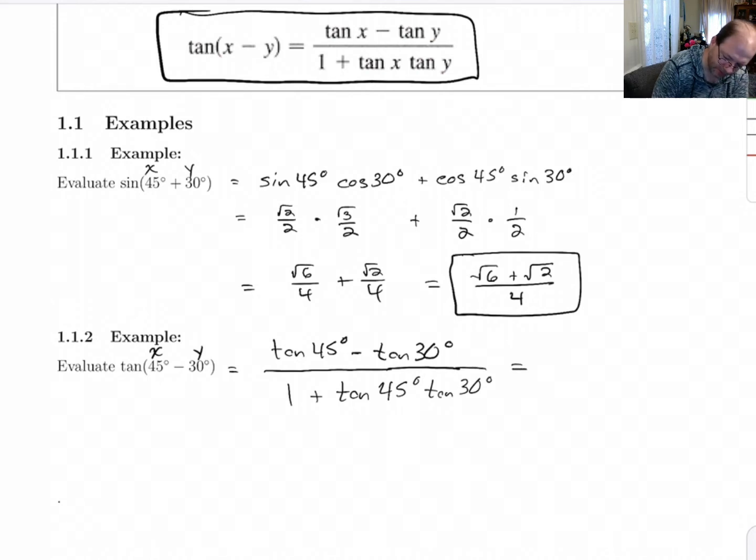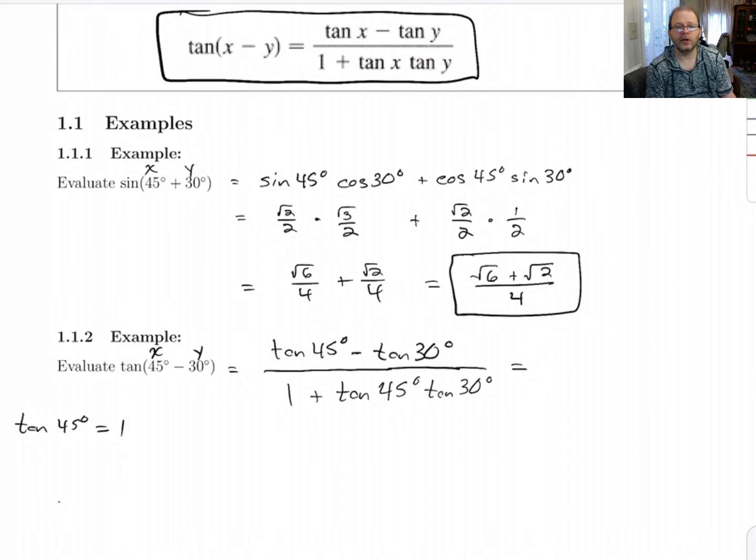All right, now we just have to fill these in. Now tan of 45 is 1. That one's easy to remember because tan is sine over cosine, and so sine and cosine of 45 are both the same, so that's going to be 1. Tan of 30, I never can remember which one it is. It's either square root of 3 over 3, or it might just be square root of 3.